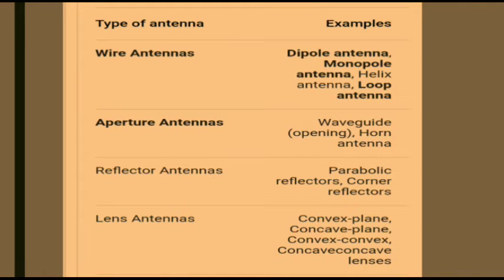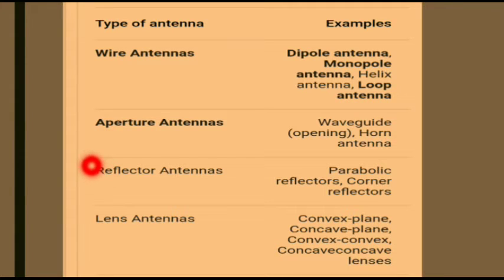Next, see again the types of antenna. On this side: wire antennas, aperture antennas, reflector antennas, lens antennas. For wire antennas, examples are dipole antenna, monopole antenna, helix antenna, loop antenna. Aperture antennas include waveguide, that is opening antenna, and horn antenna.